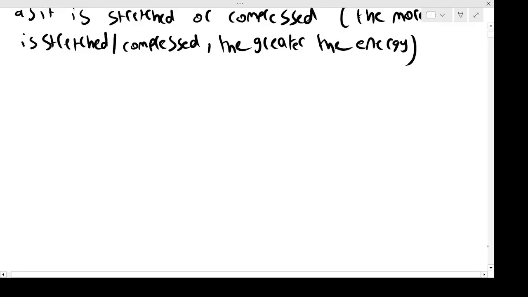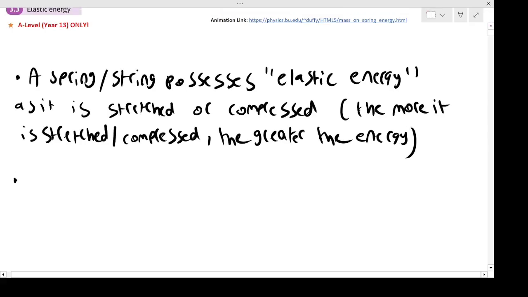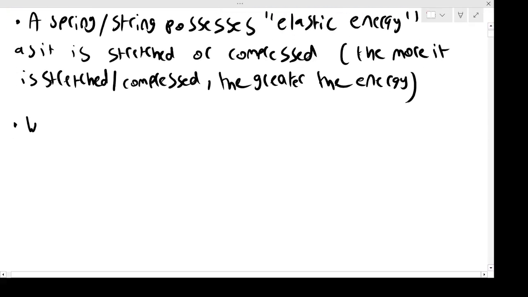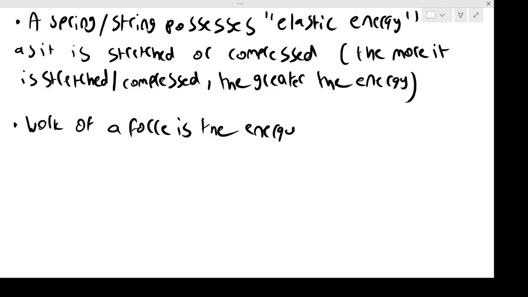Now, if we think back to work, right, from chapter 2, so work, energy and power. Work, if I remind you, work of a force is the energy to move an object a certain distance.